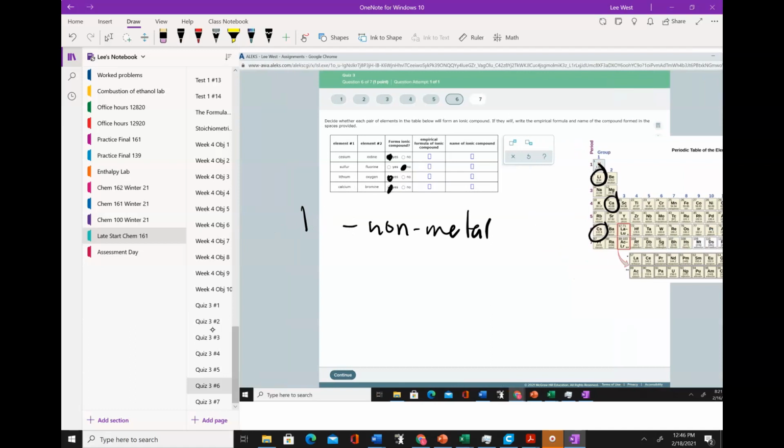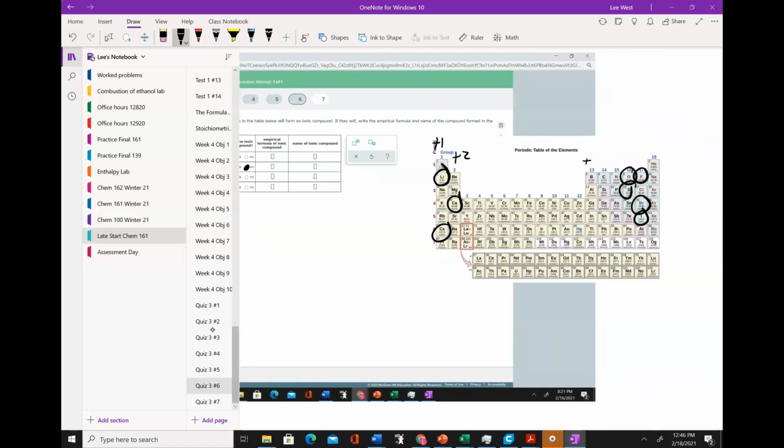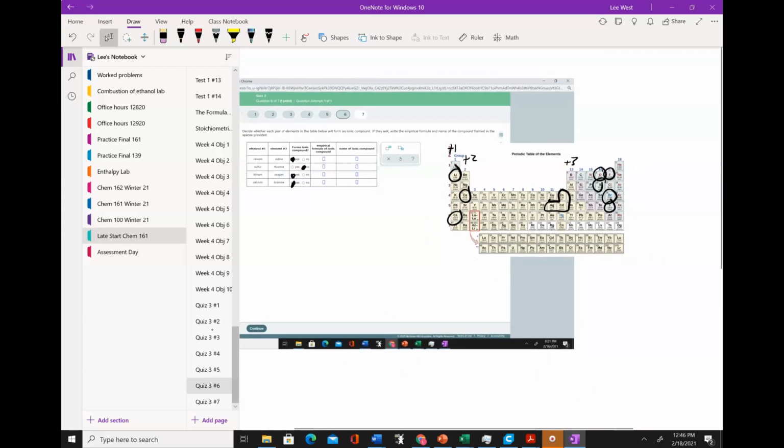Okay, now we go and name the ionic compound, and it's always the name of the cation followed by the name of the anion. Now, what we want to check is does our cation need Roman numerals? And our rule that we have was if it's in group 1A, 2A, 3A, or is silver, cadmium, or zinc, it doesn't need Roman numerals.